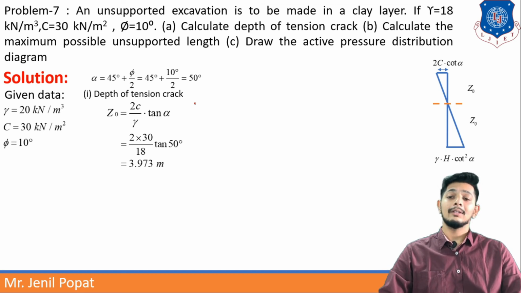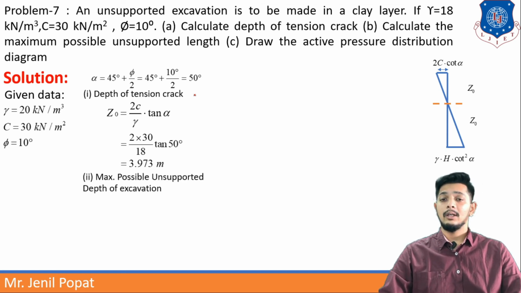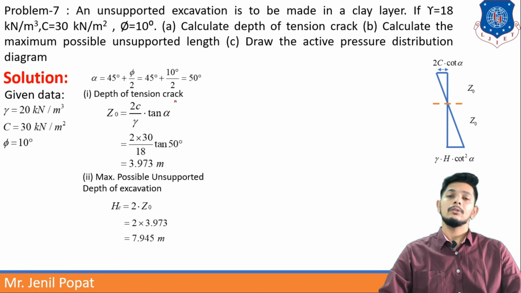Now I got depth of tension crack. Let us find out the second item, maximum possible unsupported length. It is indirectly telling us to find HC or critical height. Critical height formula will be 2 into Z0. So 2 into 3.973 will be 7.945 meter. So that is the second item.